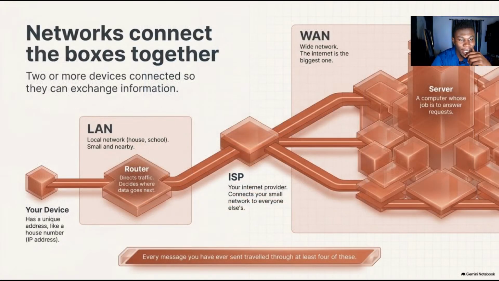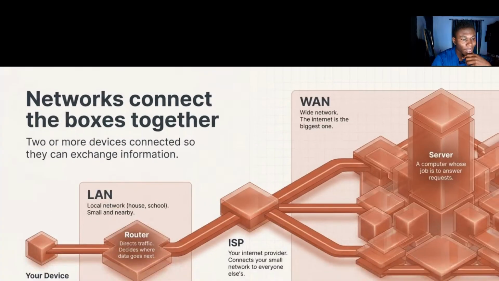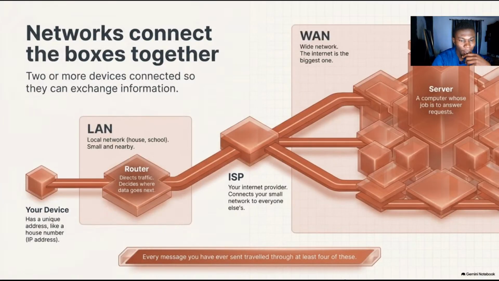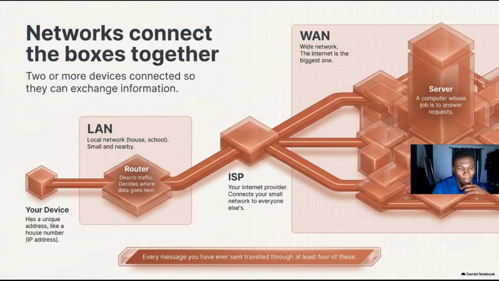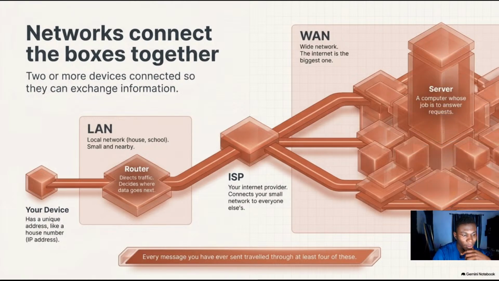And then we have the network, right? This one is more like LAN. You know about it already, right? So the network puts everything together. Everything is built on network. Your phone, everything is built on this network.